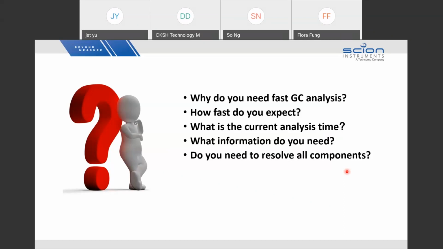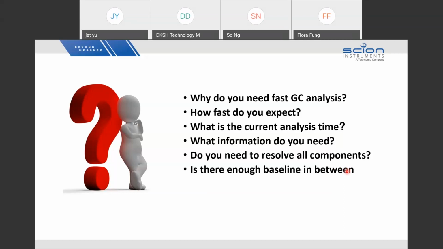If you only target those later eluters, then it's probably easier and more doable to develop such a method, because you don't have to care about the rest. You only target those compounds you want to analyze.